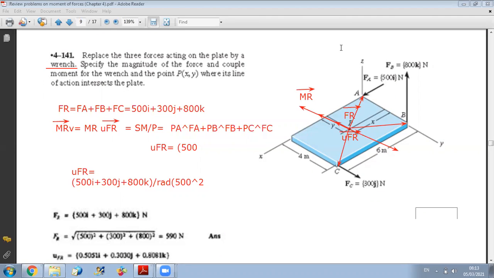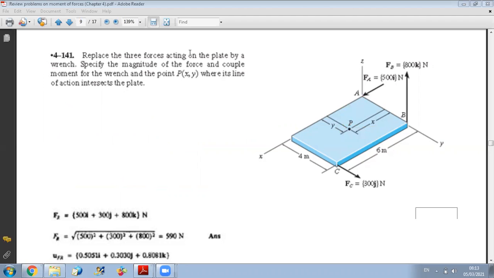I will just erase to find the coordinates. For A, it's very simple. A is the origin, so it's 0, 0, 0. Point B is on the y-axis, so it is 0, 4, 0. For point C, it has x and y components, so I have 6 along x, 4 along y, and 0 along z.